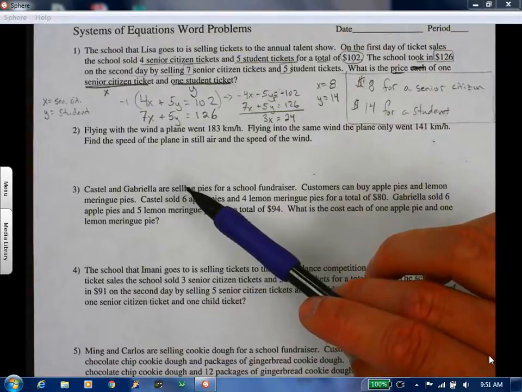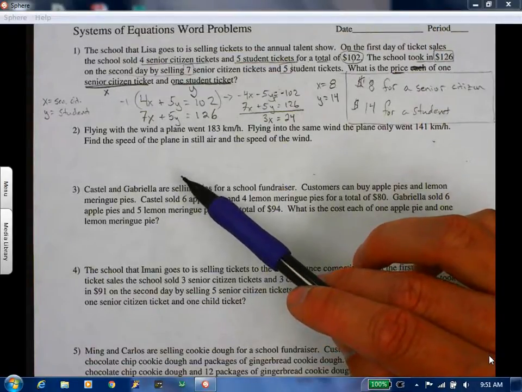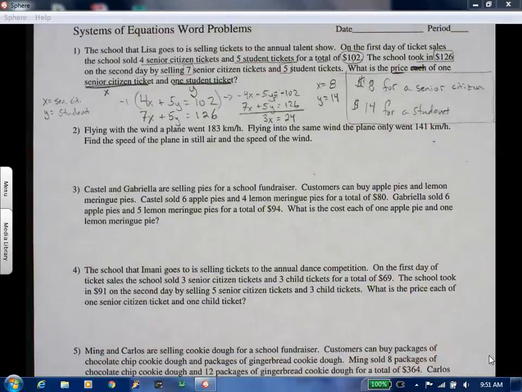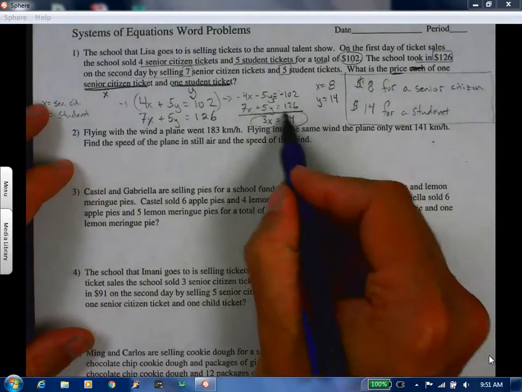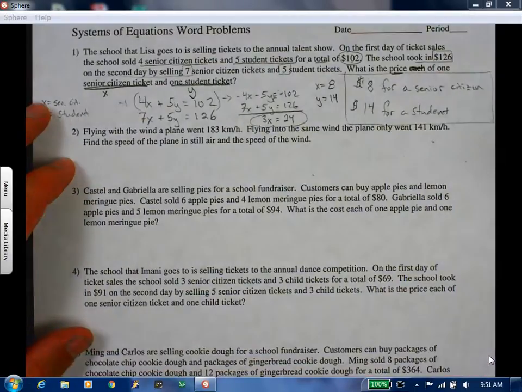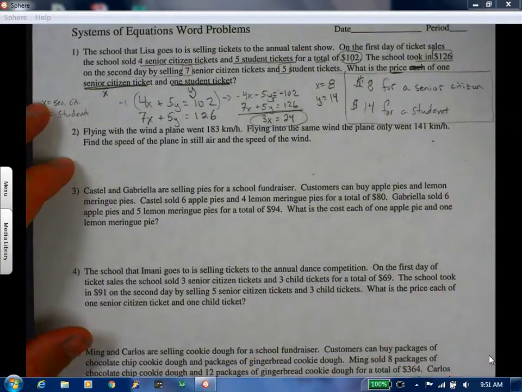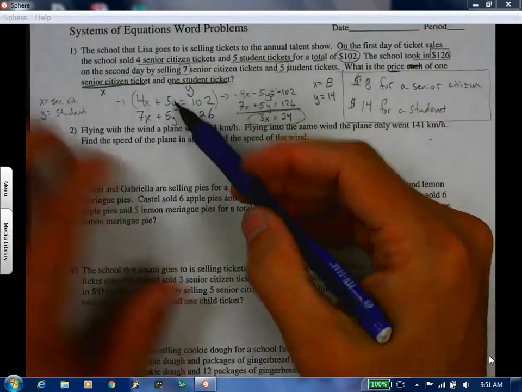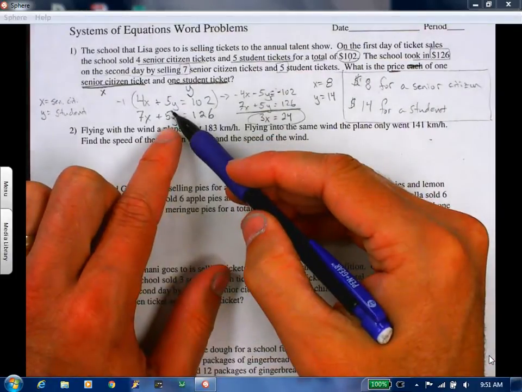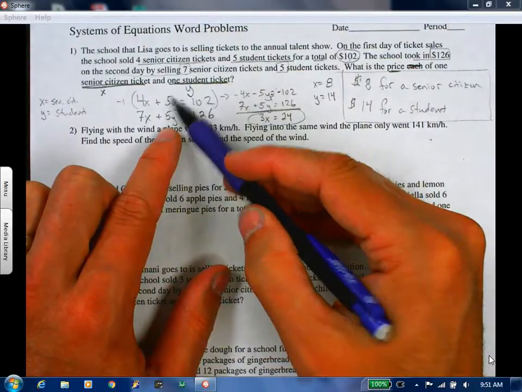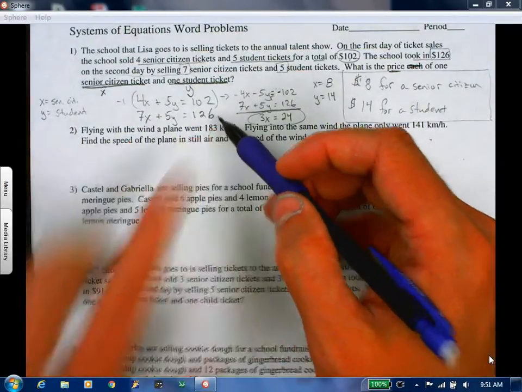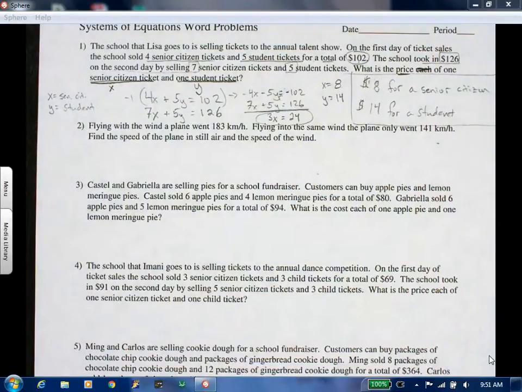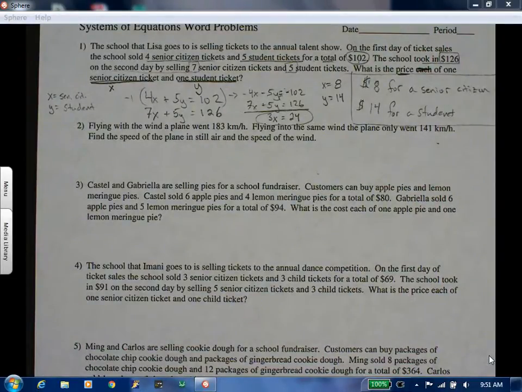So if 3 extra tickets cost $24, how much per ticket? 8. Isn't that what you did right here? Yes. So you did the math, but I want you also thinking, I'm selling the same number of student tickets, so that total should be the same. I'm selling 3 more senior citizen tickets and it went up $24. 24 divided by 3 gives you $8 per senior citizen ticket. So a little bit of common sense trying to work its way in there as well.